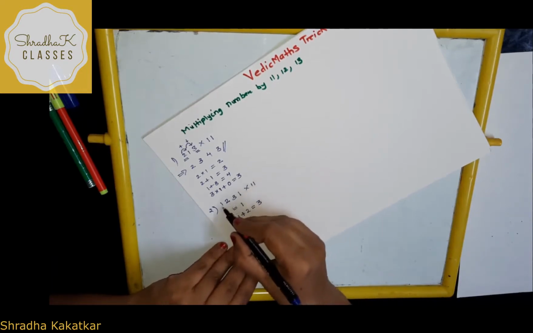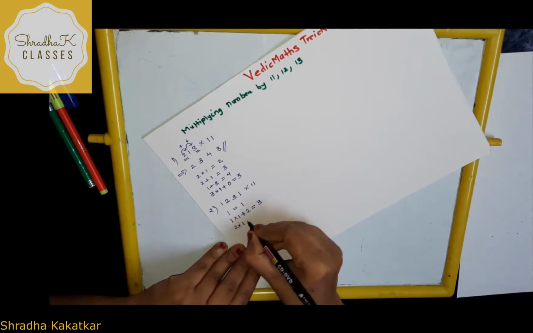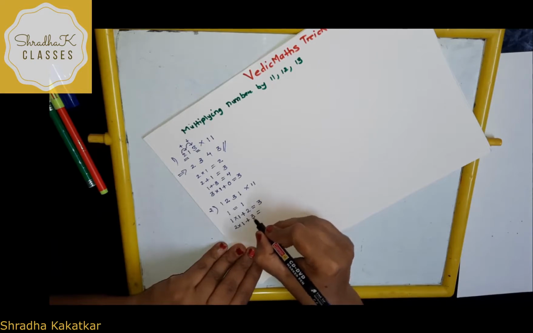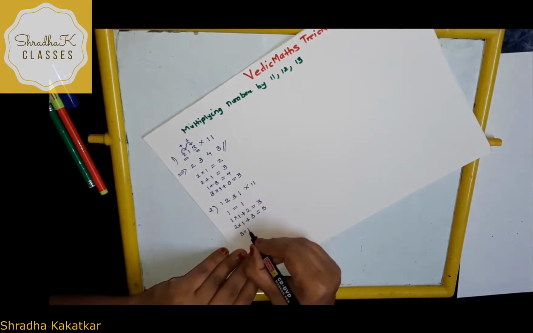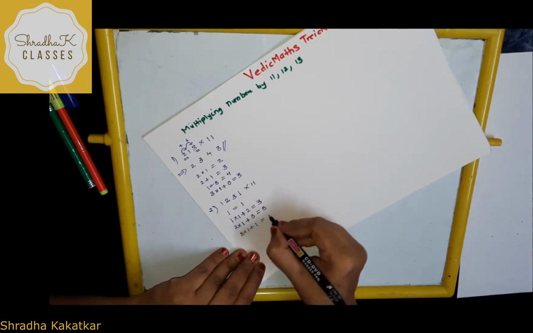Then 2 into 1 plus 3 is 5. Then 3 into 1 plus 1 is 4.